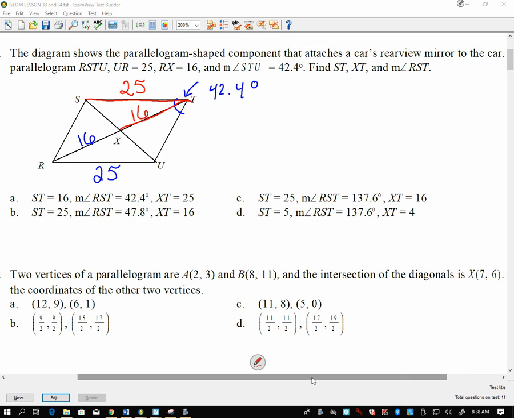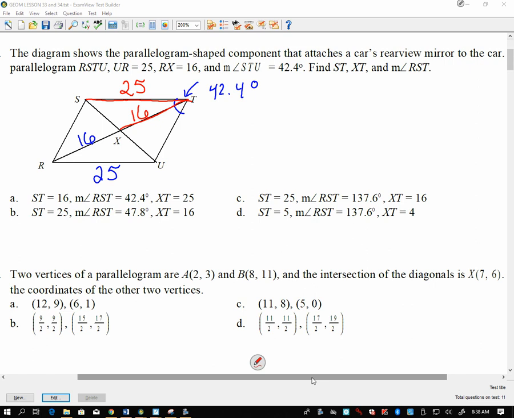So the other side's got to be equal to it, okay? If they had told me RX is 16 and they said, what is RT? Do we know what we would get there? Could we find RT based upon that? What is RT? 32, right? Okay, 32.